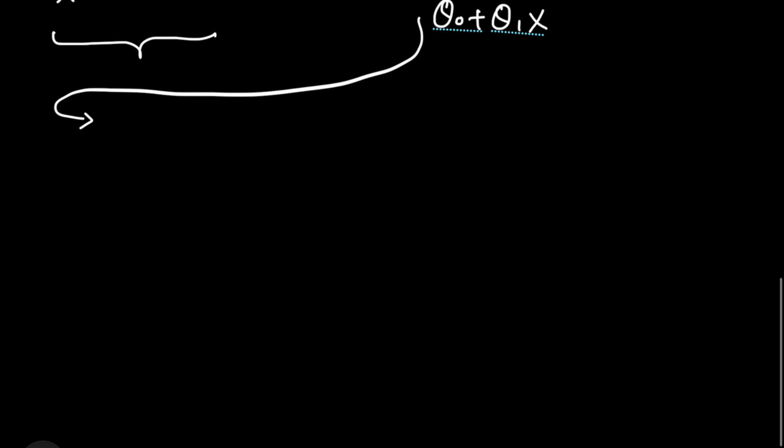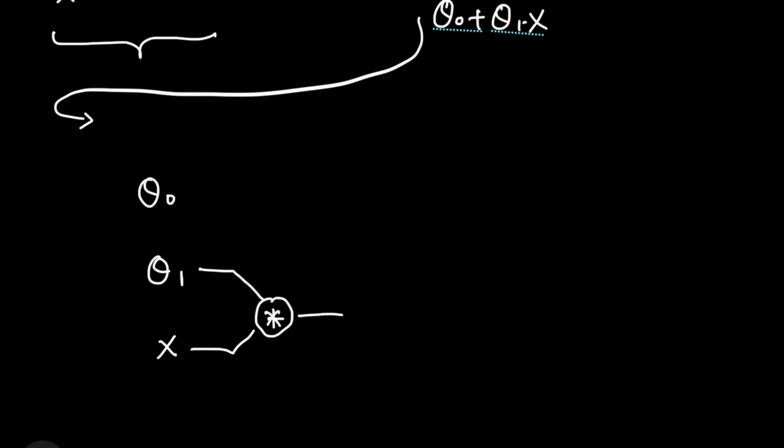If we have theta naught here, theta 1 here, and x here, theta 1 and x are getting multiplied together, and then whatever output we get, we add it with theta naught, and then we get the output.